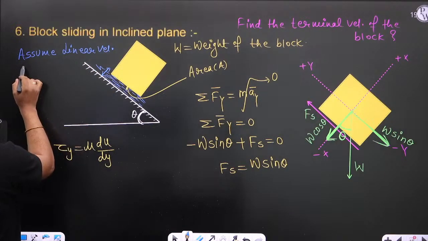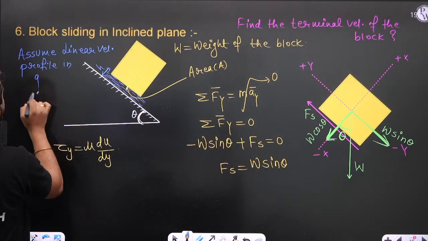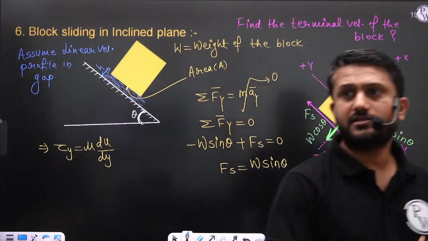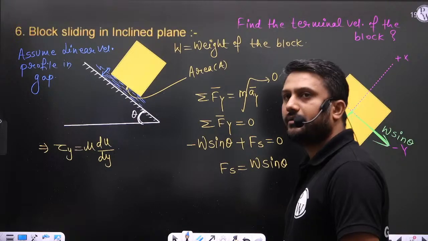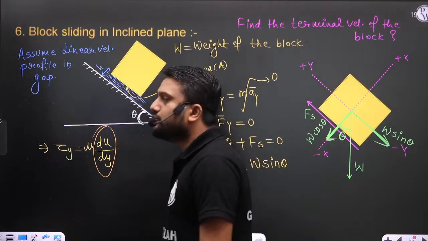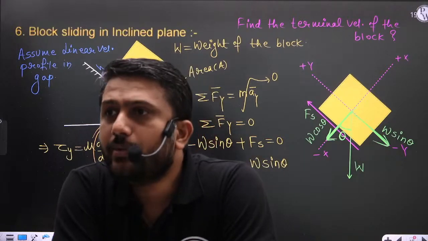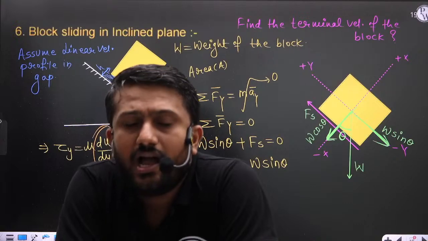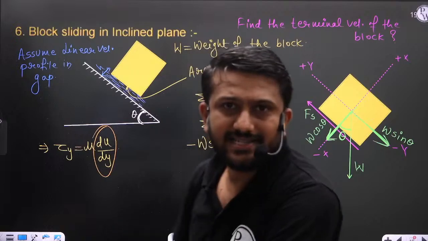Without assuming a linear velocity profile in the gap, it is not possible to solve this problem. If you don't know the velocity variation with respect to y, then how do you know du by dy? I hope you can understand this.